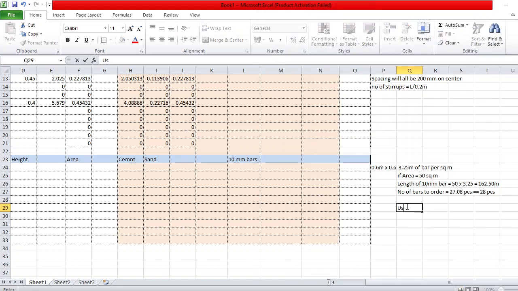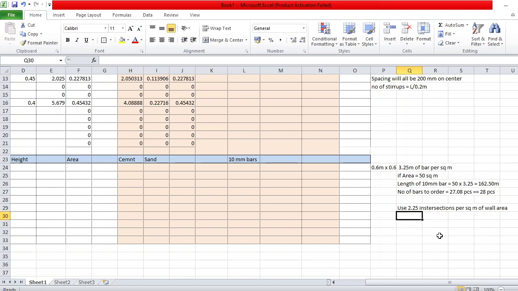Okay, so lagyan na nating value. You use 2.25 intersections per square meter of wall area.